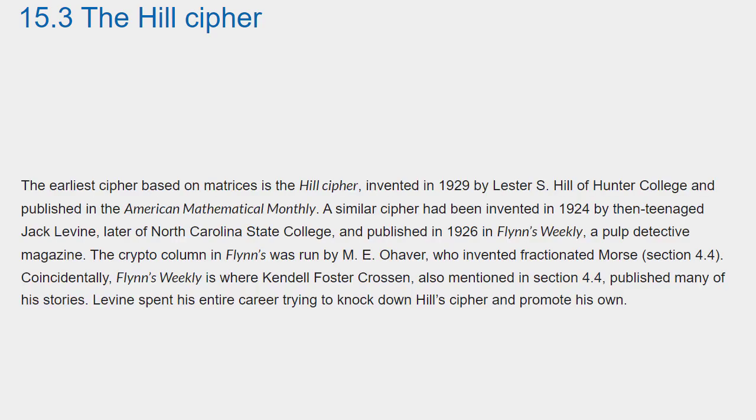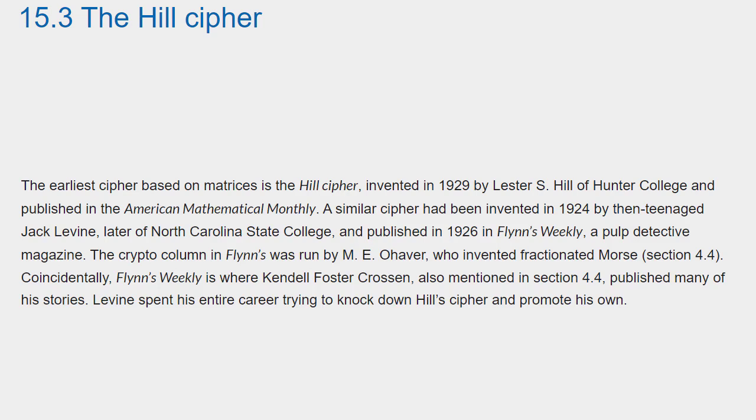Section 15.3 The Hill cipher. The earliest cipher based on matrices is the Hill cipher, invented in 1929 by Lester S. Hill of Hunter College and published in the American Mathematical Monthly. A similar cipher had been invented in 1924 by then-teenaged Jack Levine, later of North Carolina State College, and published in 1926 in Flynn's Weekly, a pulp detective magazine.